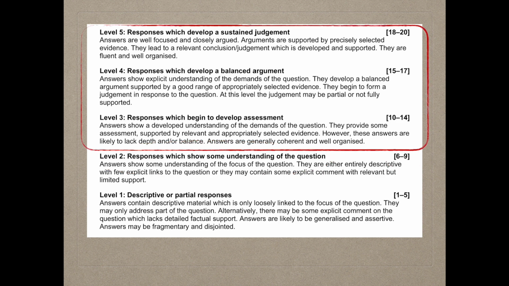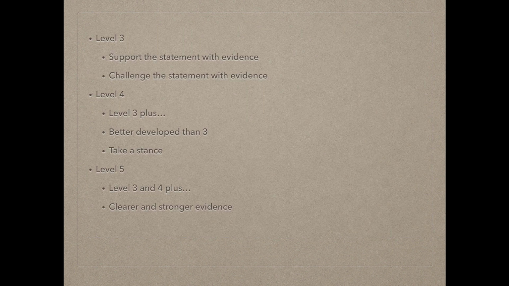Levels 3, 4, and 5 are once again the passing range here. For level 3, your responses begin to develop assessment, and you can get 10 to 14 points. To get a level 3, you basically have to write 2 paragraphs. One paragraph supports the statement in the question with evidence, so you know historically what events, which people, which acts support the claim.